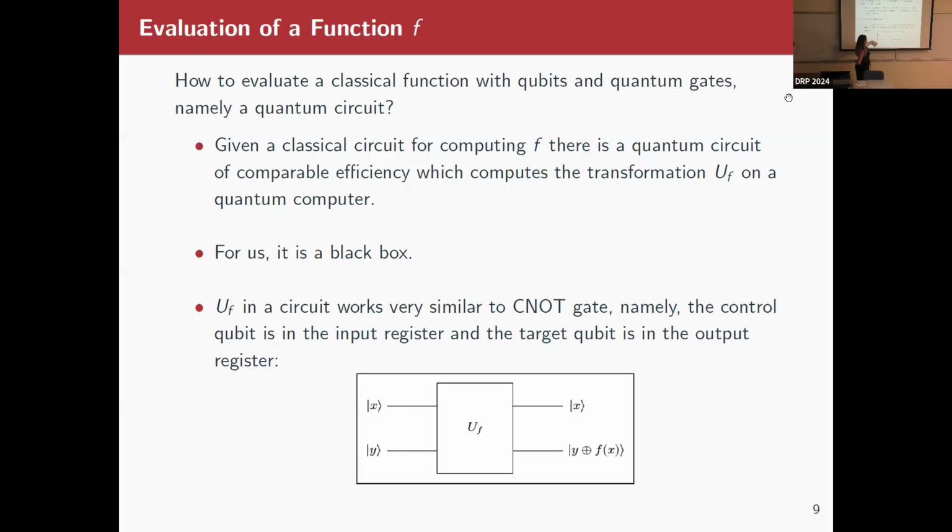Our input register is |x,y⟩, and we get |x, y XOR f(x)⟩. For example, if we say y is equal to 0, then we get |x, f(x)⟩, because 0 XOR f(x) is equal to f(x).